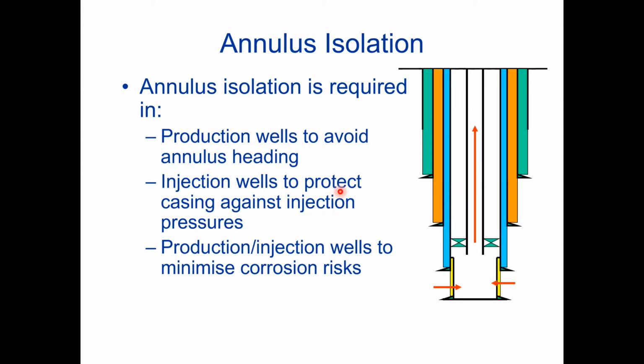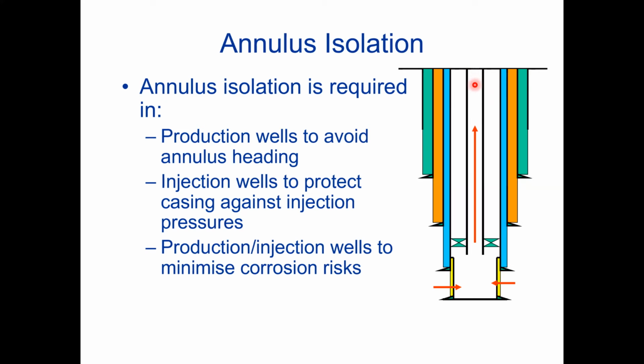Injection wells, if you are injecting water, the injection pressure is high, and you don't want to expose the casing to high pressure, damaging it, so this is protecting the casing against high pressure.